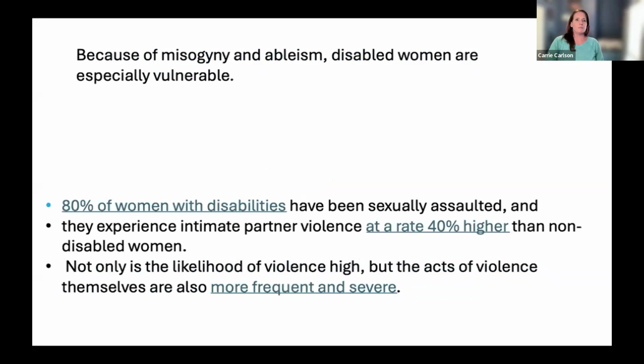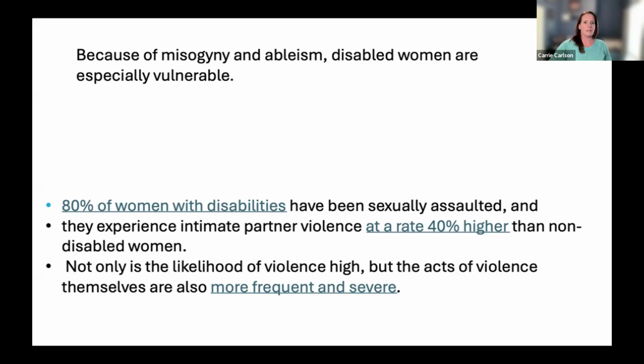And it says because of misogyny and ableism, disabled women are especially vulnerable. And it says 80% of women with disabilities have been sexually assaulted.